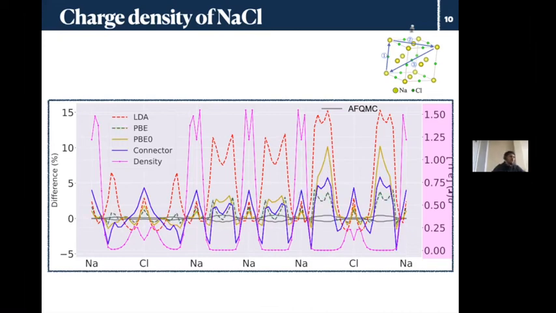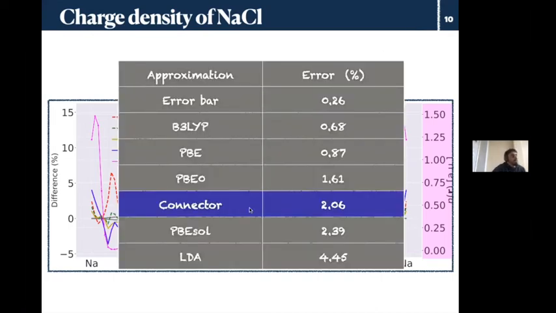And the best description is given by PBE0. Okay, even for this case, we see that the connector is still correcting the LDA. In this case, the error is reduced by a factor of 2.